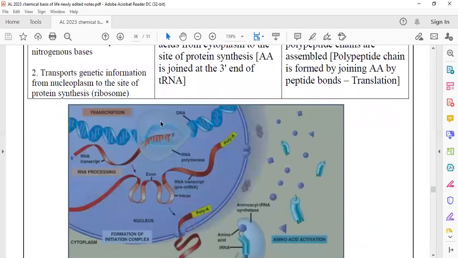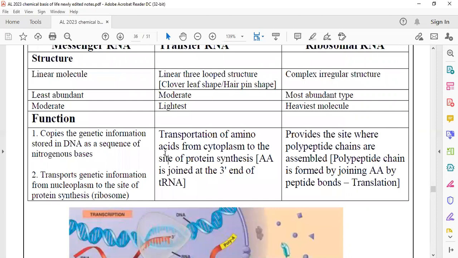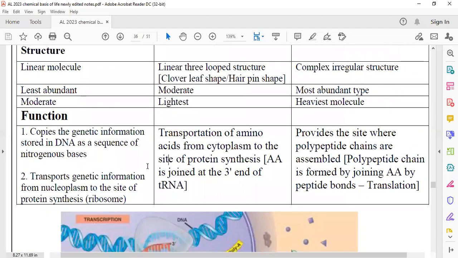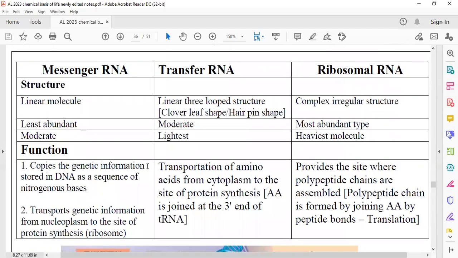Right. So could you please read this table and tell me whether everything is clear for you? Okay, messenger RNA, structure-wise, quantity-wise, size-wise, compared function is also done in the comparison.